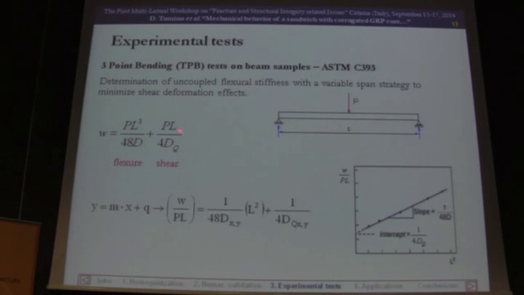as you see here, the deflection at the mid-span is a function of the flexural behavior and of the shear behavior. If you plot this quantity as a function of the span length L, with different span levels, each point of this diagram represents one single test.